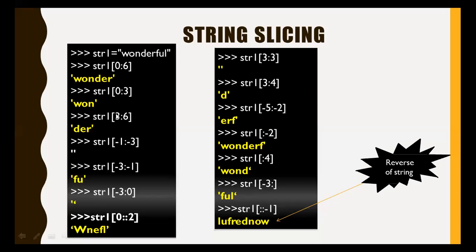And if you are writing 3 colon 6, total characters are 6. After the third position, 3 are left. So after the third position, how many characters are left? 3 will be displayed.